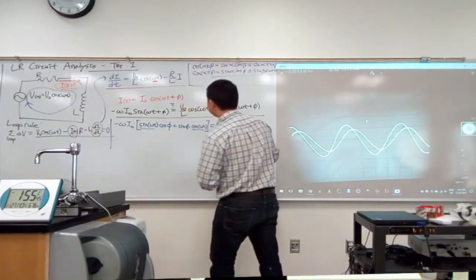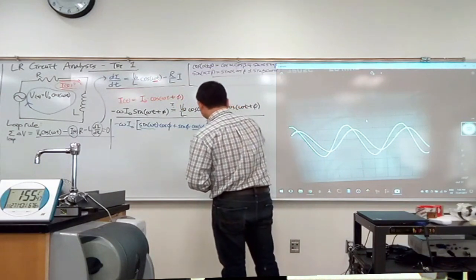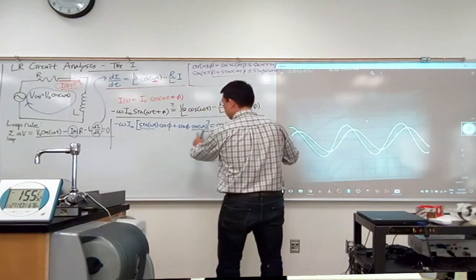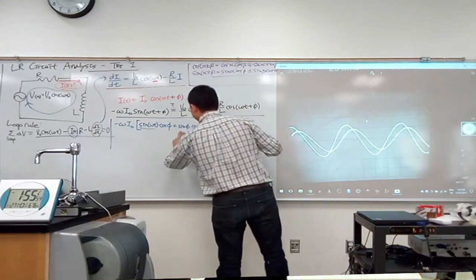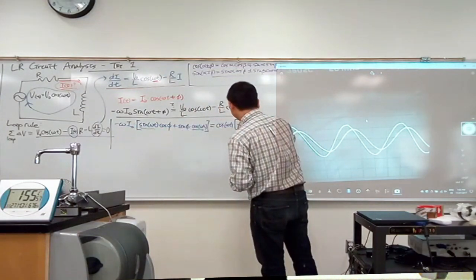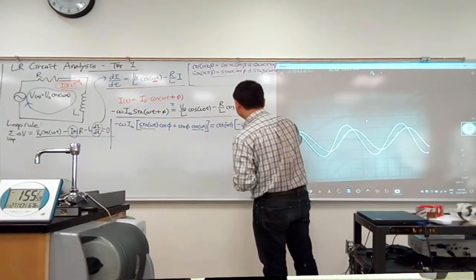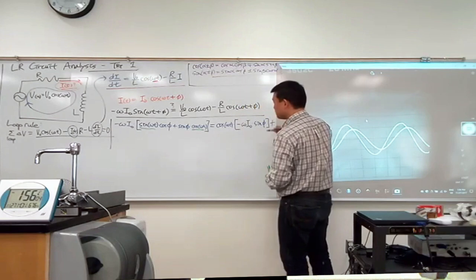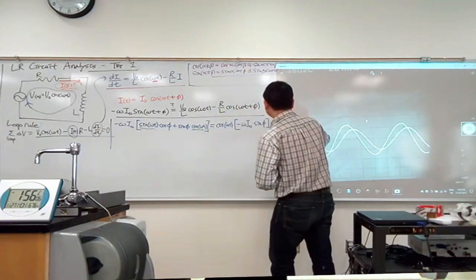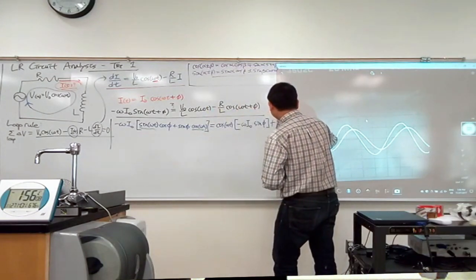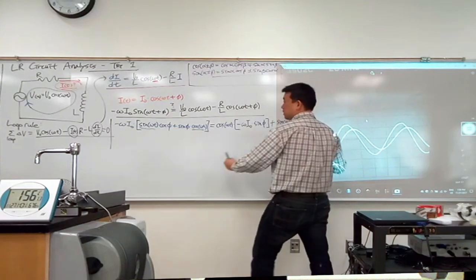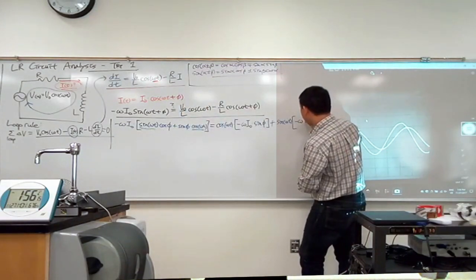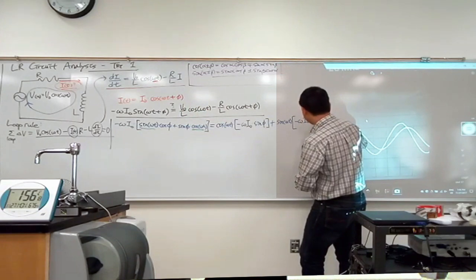So this is equal to cosine of omega t times this times sine of phi minus omega I naught times sine of phi, and plus the sine of omega t term, sine of omega t times this times cosine phi. So minus omega I naught cosine of phi.